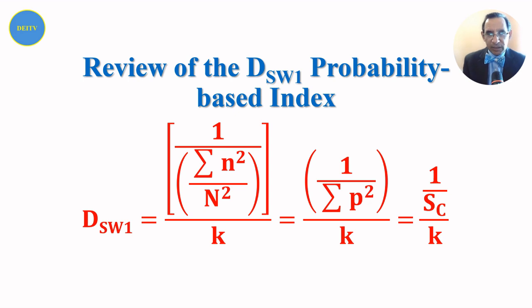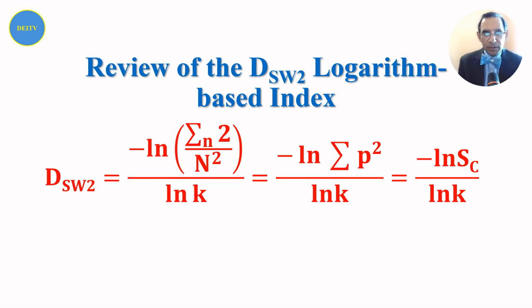Another way of writing it that isn't represented here on the slide is going to be the Simpson concentration score to the negative power of 1 divided by k. In episode 2, the Smith & Wilson logarithmic-based index was presented. This is a quick overview. So to obtain the Smith & Wilson logarithmic-based index, it's going to be -1 times the log of the Simpson concentration or similarity index. Divide that by the log of the number of categories, k.